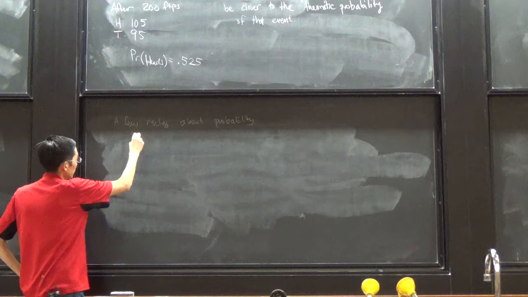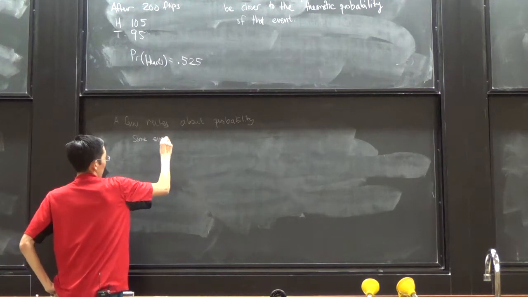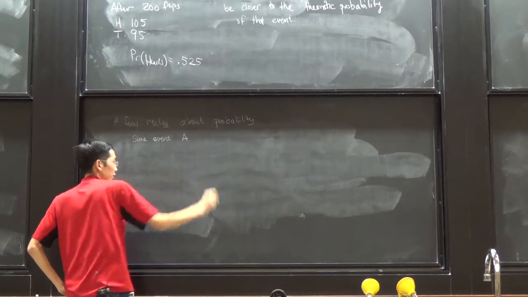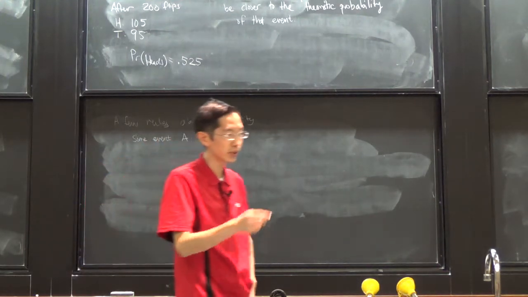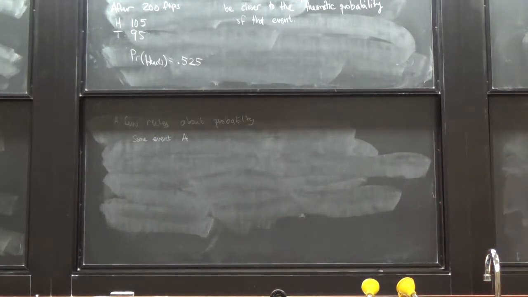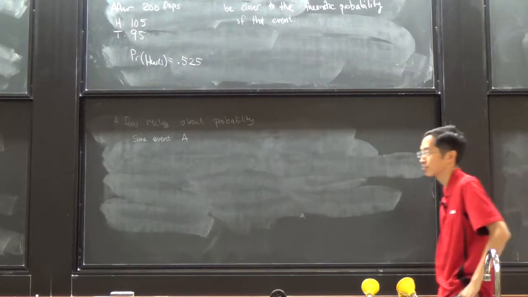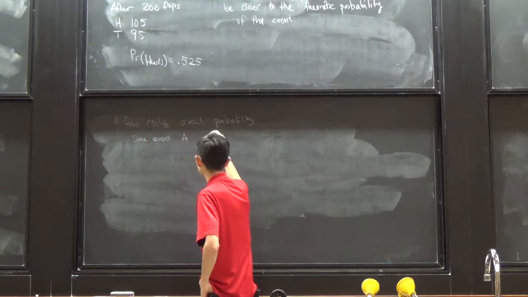So maybe we have some event. Some event A. A could be the coin lands heads. A could be I win the lottery. A could be, I don't know, just that it rains tomorrow. Okay, some event.